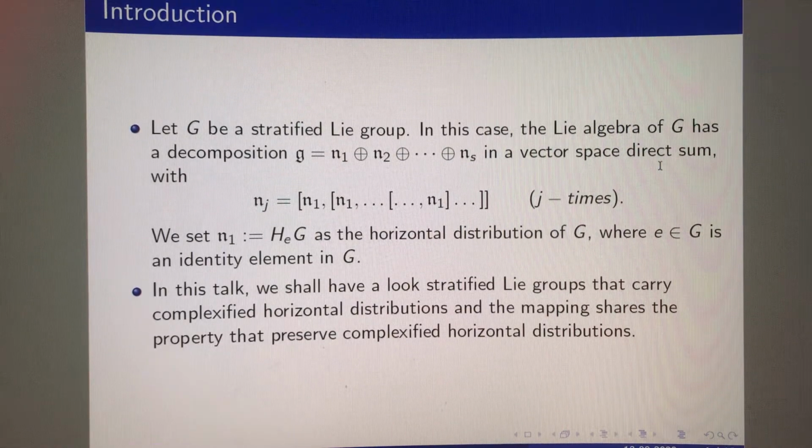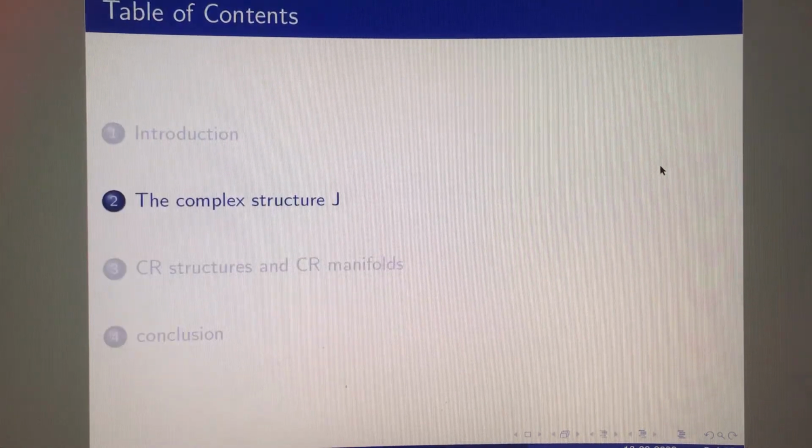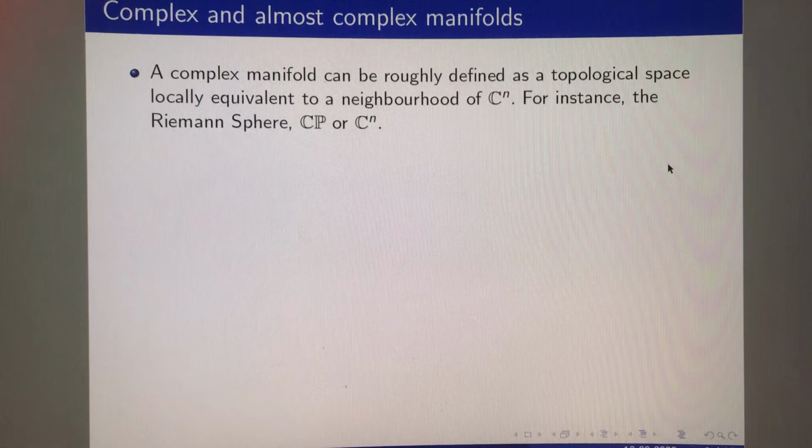Because we really want a real linear subspace that can admit a complex structure, the next terminology that I want to define is called a complex structure. With this kind of structure, we can actually define a complex manifold in an algebraic way. First, geometrically, a complex manifold can be defined as a topological space that is locally equivalent to a neighborhood of Cn.